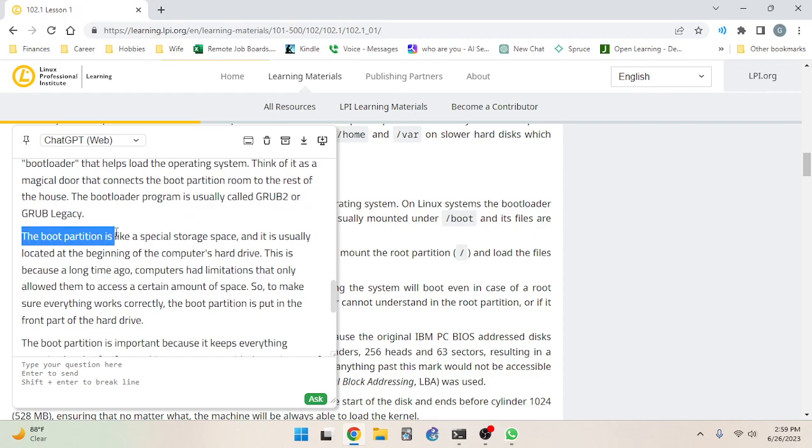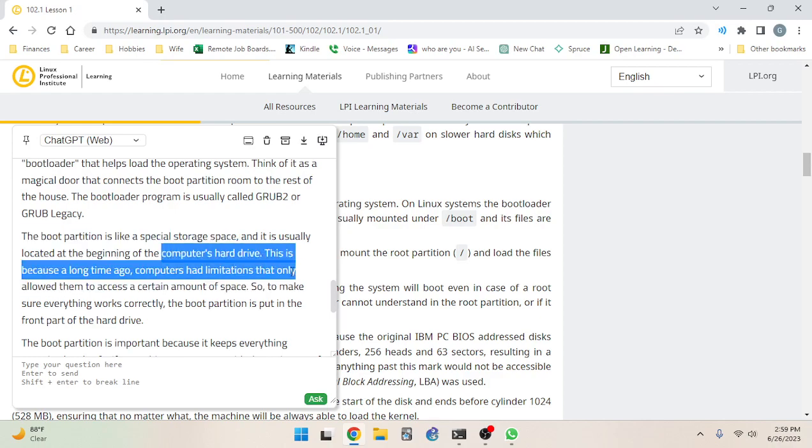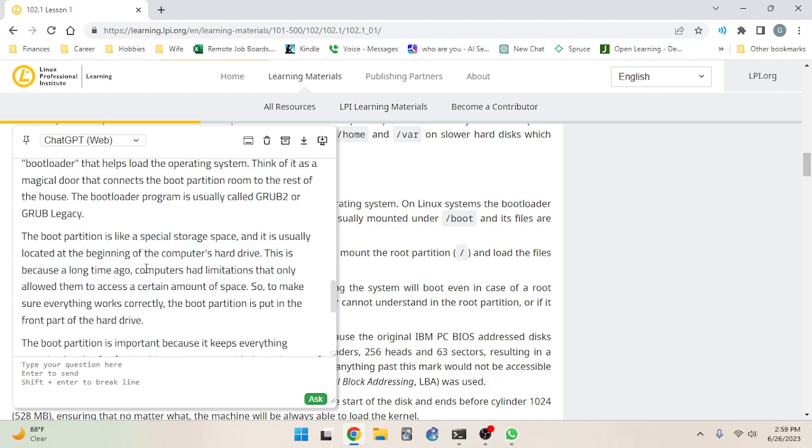The boot partition is like a special storage space, and it is usually located at the beginning of the computer's hard drive. This is because a long time ago, computers had limitations that only allowed them to access a certain amount of space.